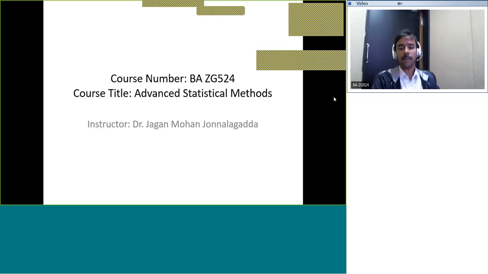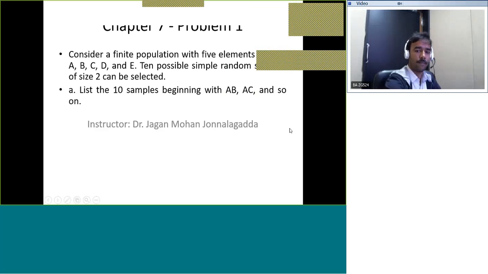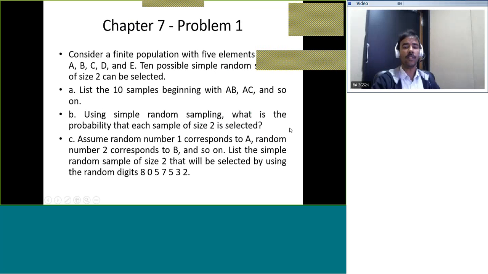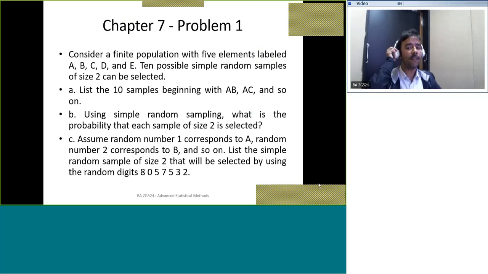So let us solve some problems from this unit. The first question is chapter 7, problem 1. Consider a finite population with 5 elements labeled A, B, C, D, and E. 10 possible simple random samples of size 2 can be selected.